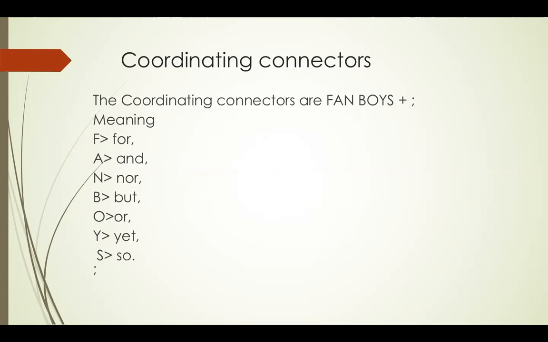For means because, and when you add information, we have for and so, cause and effect. But and yet are basically the same. I'll say the difference in a bit. Or when you have options, or sometimes you're warning somebody. I'll give you examples in a bit. And nor for negative structures.